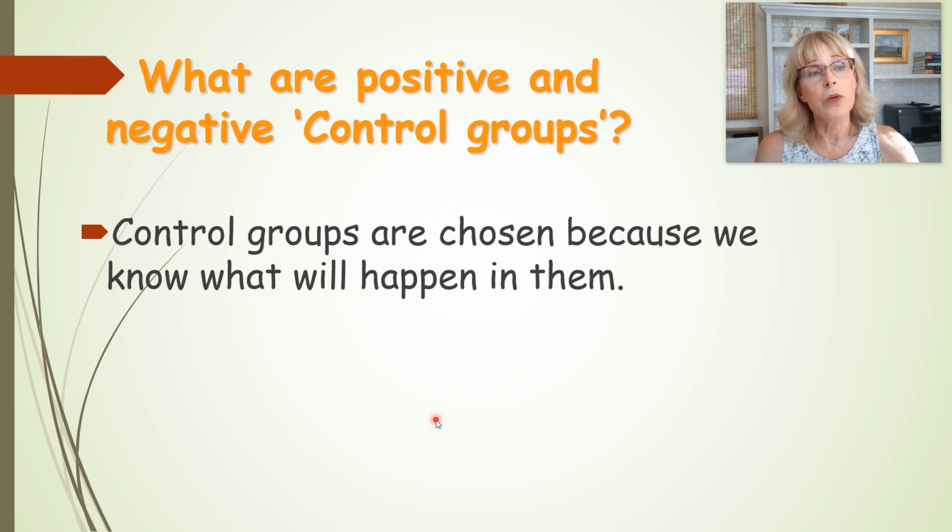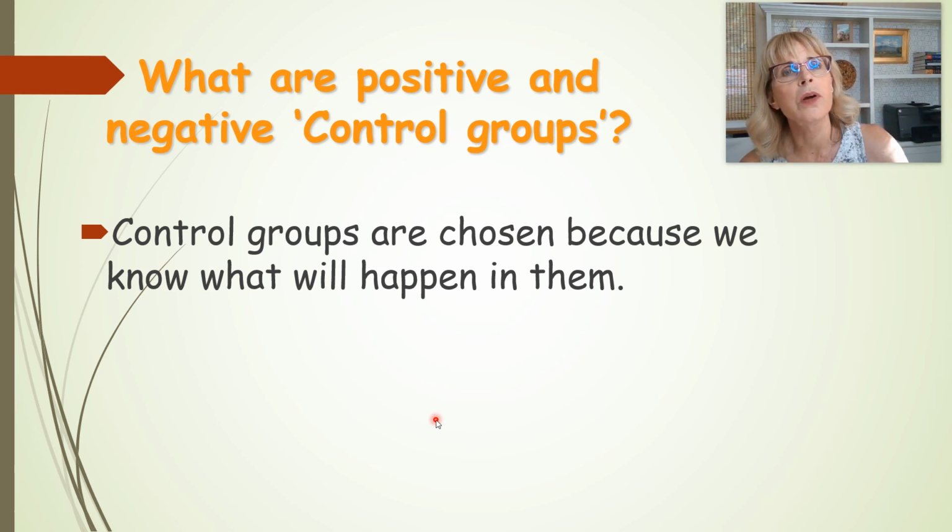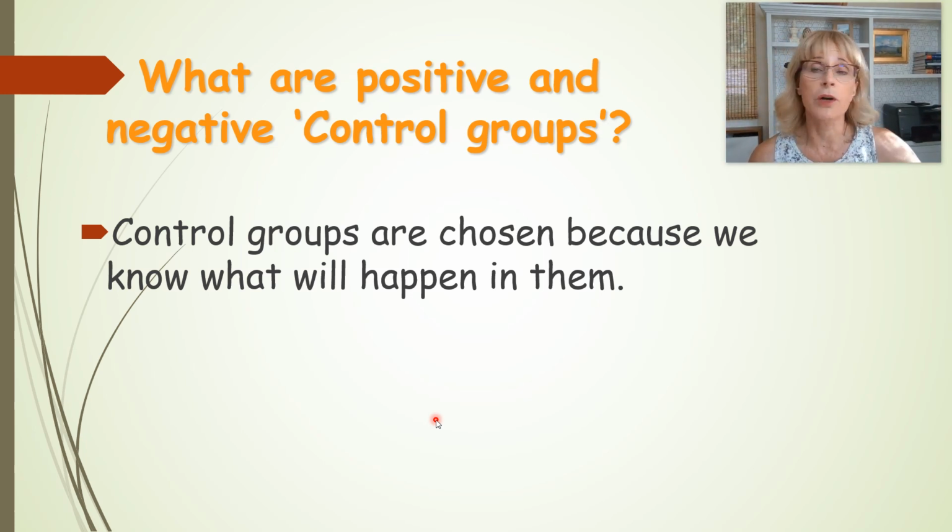If we know that in a certain situation plants won't grow, then that would be our negative control, right? So let's say I wanted to prove that water was making my plants grow better, then I might have plants that I don't give any water right from the beginning. That would be my negative control group. That would be take away all the water and I know things are going to die.